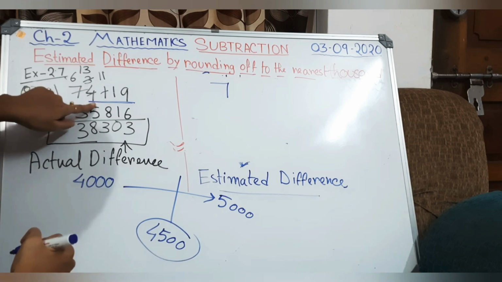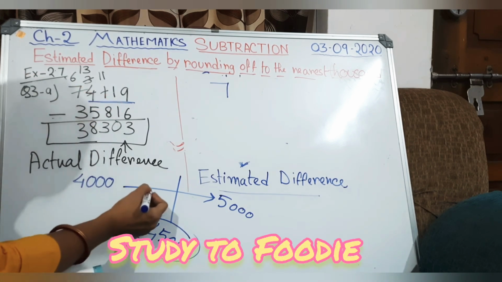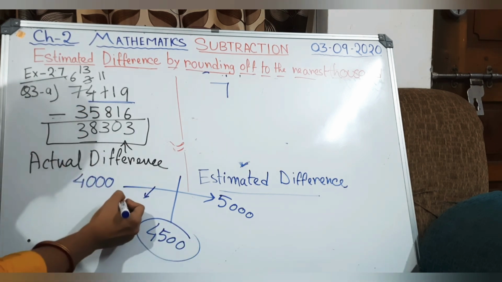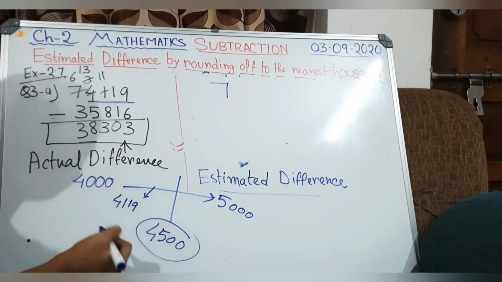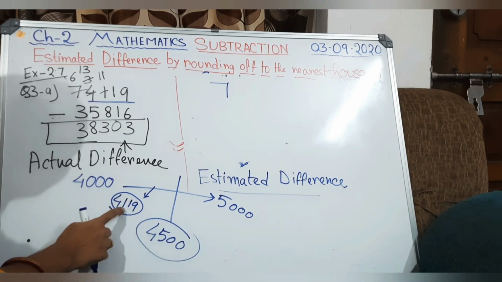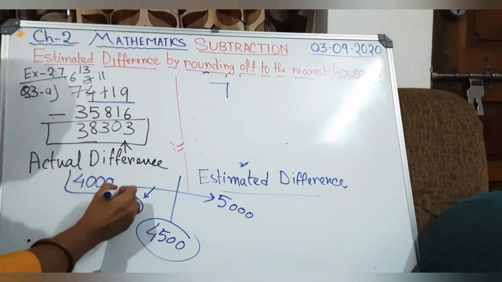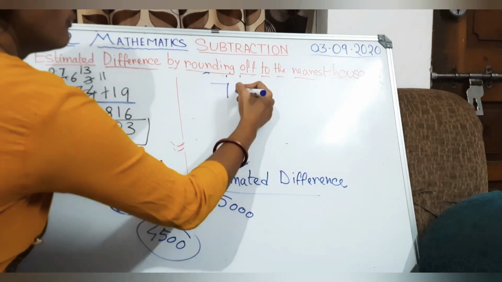Now I have to check this. 4,190 will be placed here as it is less than 4,500. Whenever I round it off to its nearest 1000, it will come as 4,000 only. So here I need to write 4,000.